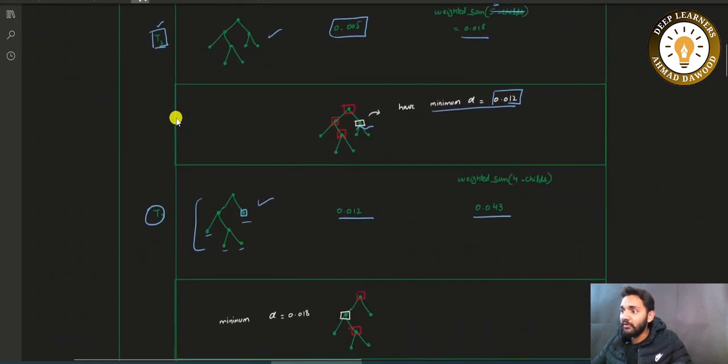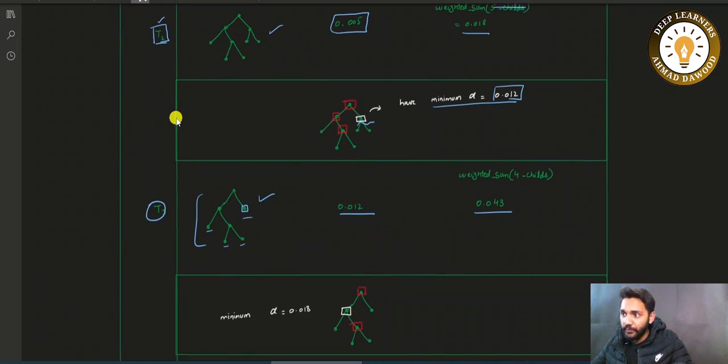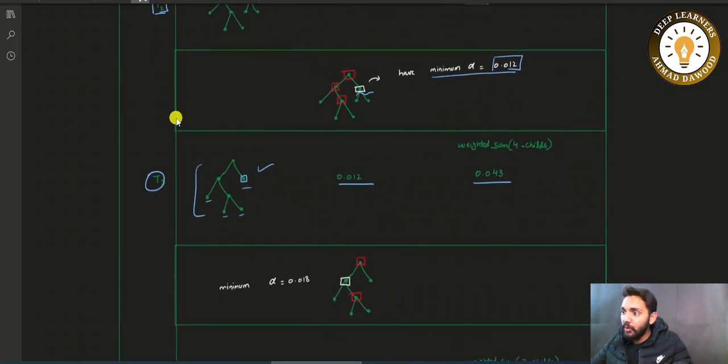You get another tree which is having minimum alpha 0.012. T3 has minimum alpha 0.018. Okay, so minimum alpha of T3 is 0.018, which is greater than your specified value, which is 0.012. You are finding the tree which is having a value 0.012, and I said that stop at the particular tree which has the minimum value of alpha greater than your mentioned value.